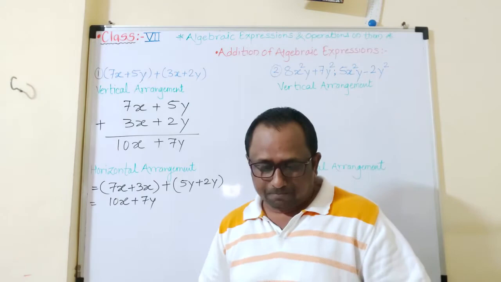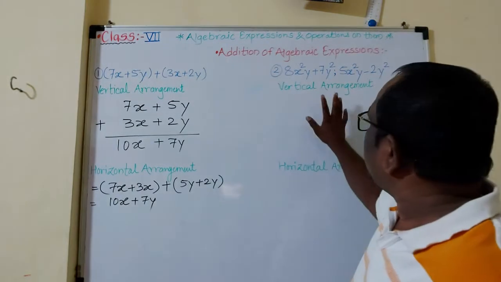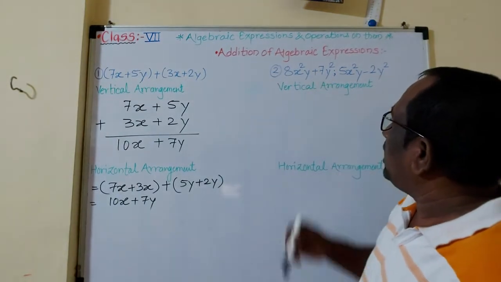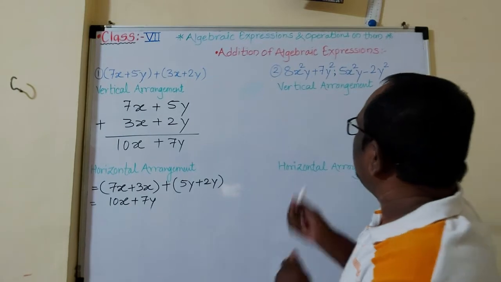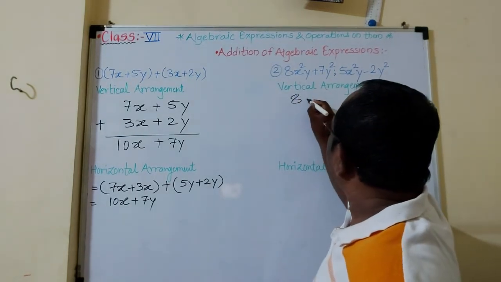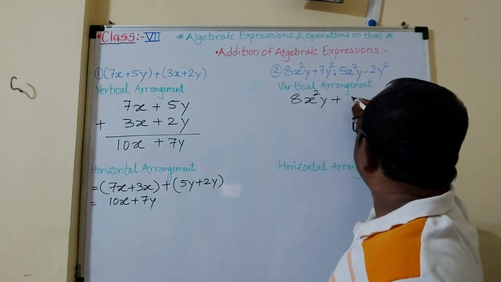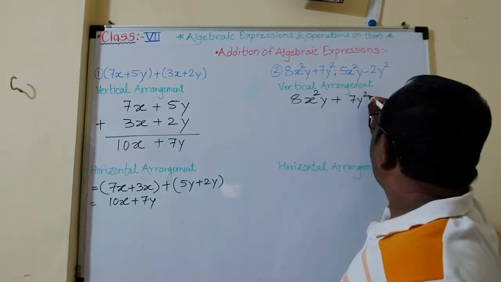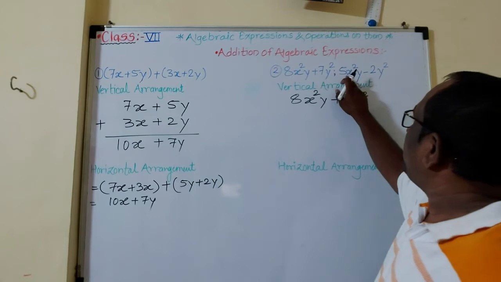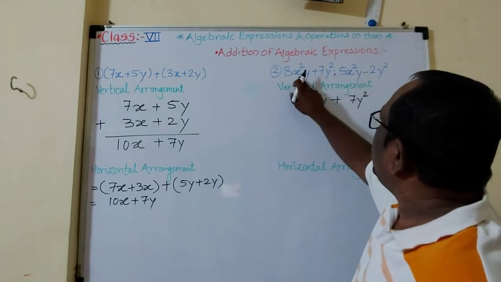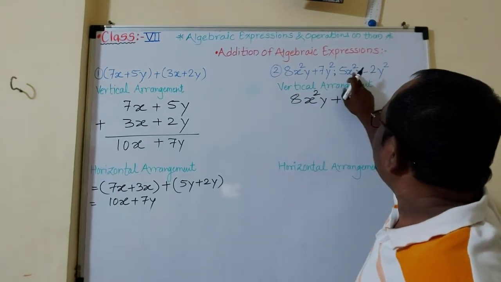Now students, we will see the next example. Again, the vertical arrangement. First write the like terms: 8x square y plus 7y square. Then here, 5x square y and 8x square y are the like terms.